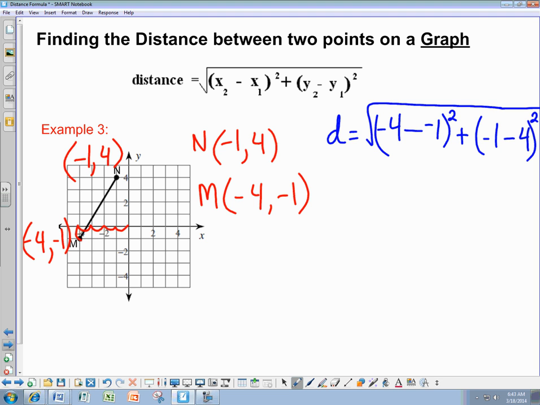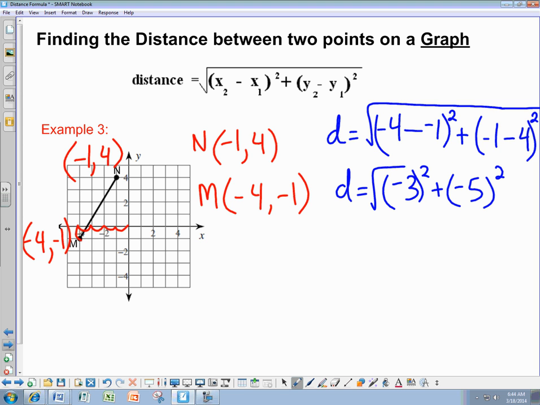All right, so there's a lot of negatives in this one, so you have to be very careful. If you're putting it in your calculator, put it in exactly like it looks. The first parenthesis will end up being negative 4 minus a negative, which would be like adding 1 to negative 4, so that would be negative 3 squared, plus negative 1 minus 4, which would be negative 5, squared.